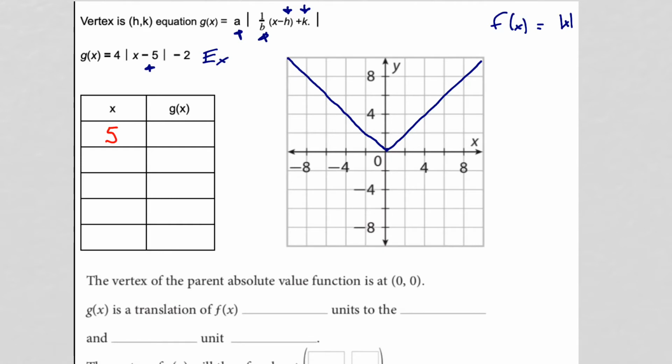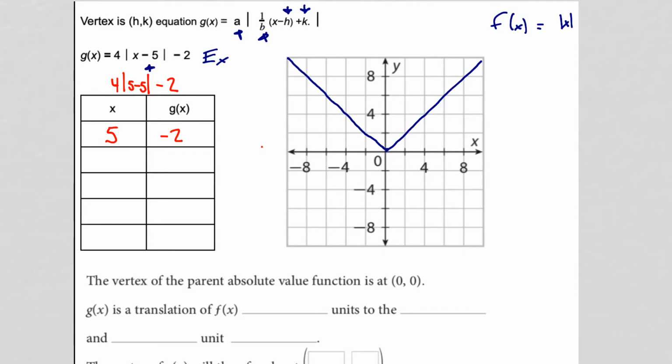If I plug in 5 to this equation, I get 4 times the absolute value of 5 minus 5, minus 2. 5 minus 5 is 0, and 0 times 4 is also 0, and 0 minus 2 is -2.